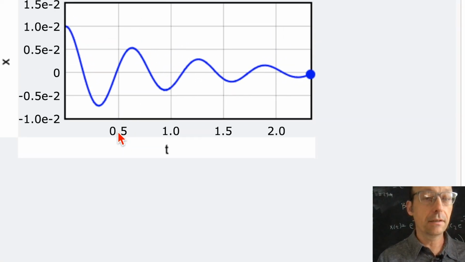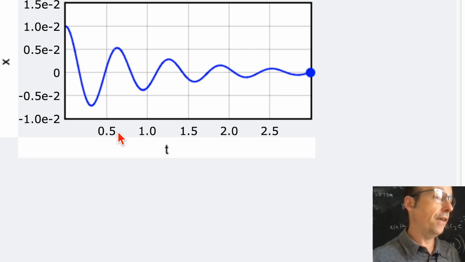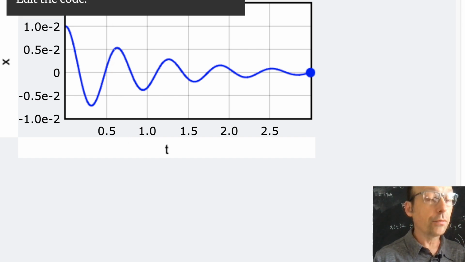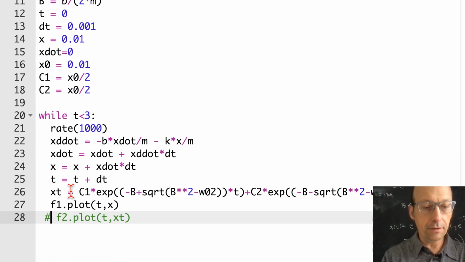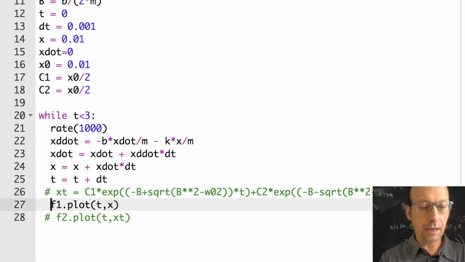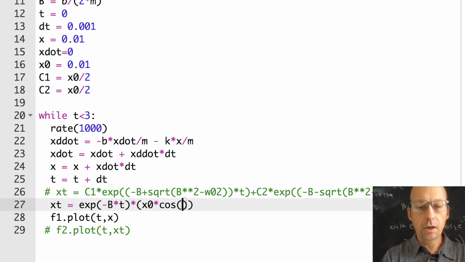That looks good, right? It's underdamped and it's decreasing amplitude. Now let's just see if our theoretical thing agrees with that. I'm going to go down here and calculate this. Let's just comment that out so you can have it. x(t) is going to be exponent negative beta times t times x0 times cosine omega times t.